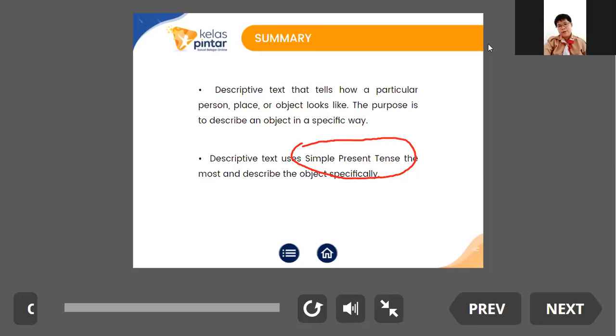Nevin wants to answer. Jason dulu, coba Jason jawab. Kenapa pakai simple present tense? Why? Because descriptive text describes something yang sekarang, in the present. Okay. Let me type it. Coba saya ketik dulu ya. Okay, yuk semua berpikir ya.